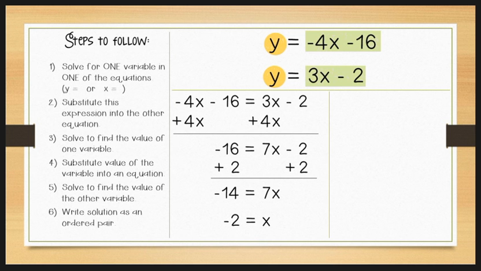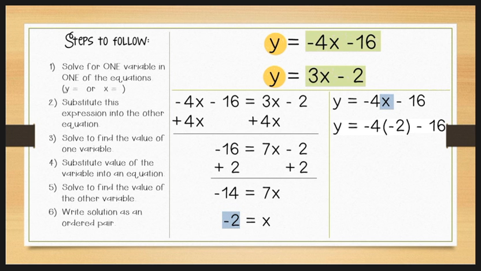So now using that value of x that we have, which in this case was -2, I can substitute it into one of the equations. So I just chose the first equation, so y equals -4x minus 16, and I'm going to substitute my value of x as -2 into that equation.